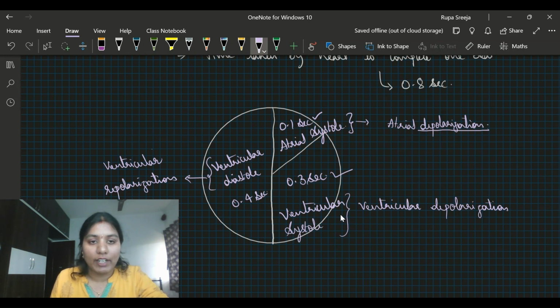Very good, the pulmonary arteries and aorta. Because it can't go back into the atria, since the cuspid valves have been closed. After ventricular systole, the ventricles will undergo relaxation. Here the ventricular diastole happens, and you have to remember that ventricular diastole takes 0.4 seconds.